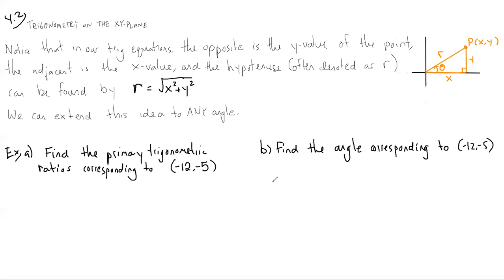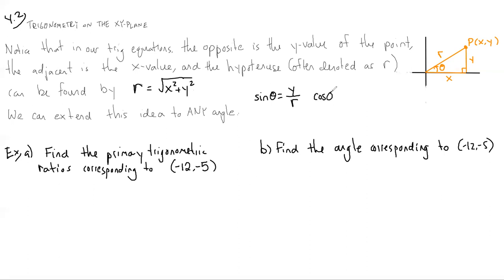So what we're going to do is go over a couple examples here to talk about how we're going to extend this ratio. The conclusion that we can make from here is that sine theta is going to be the opposite, which we've said was y, over the r that we'll calculate using the Pythagorean theorem.